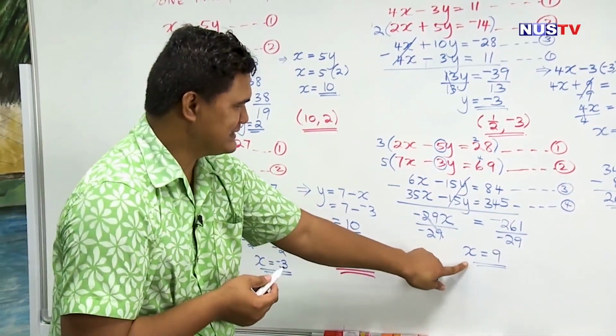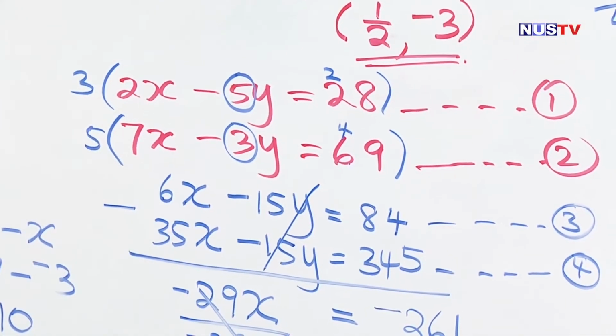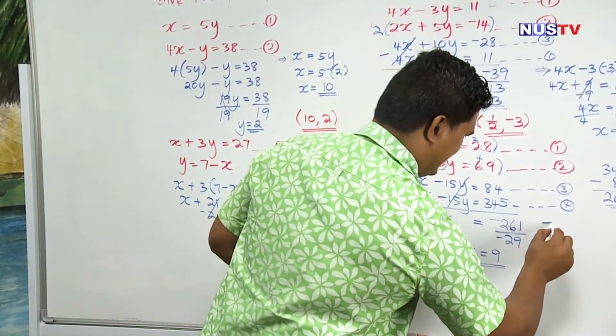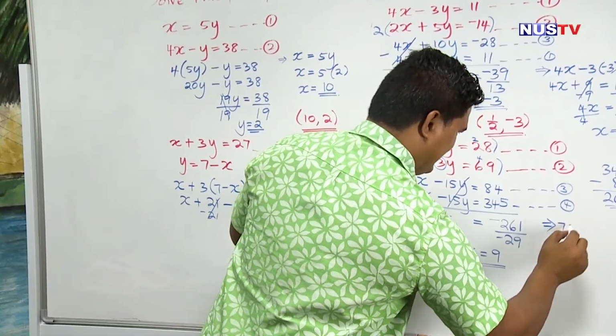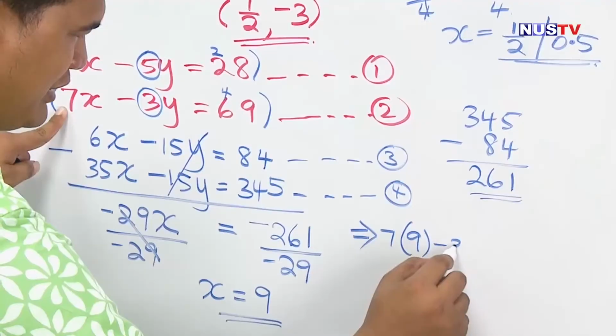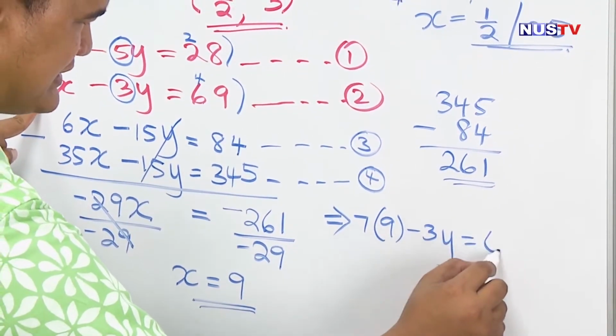Now we have our x, so let's sub this value of x into our equation 2 to get our value of y. On this side, you can see that we're going to use 7x, so 7 times x, which is 9, and then minus 3y, and that is equal to 69.